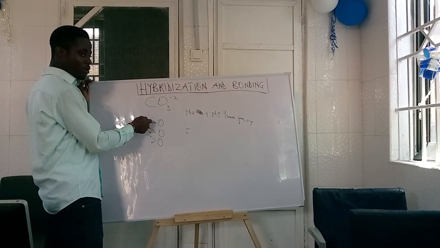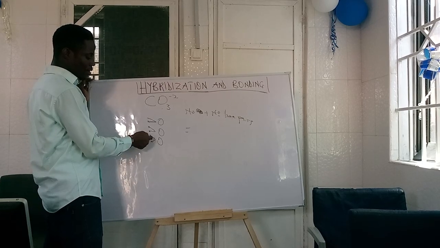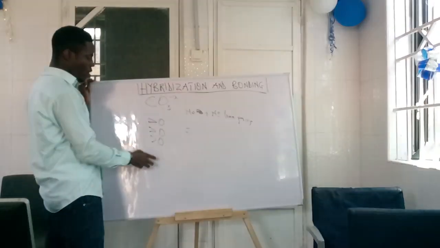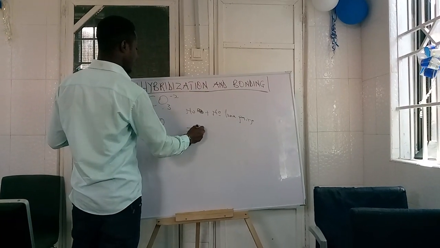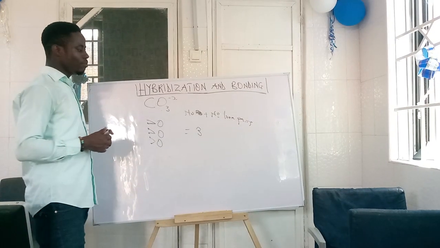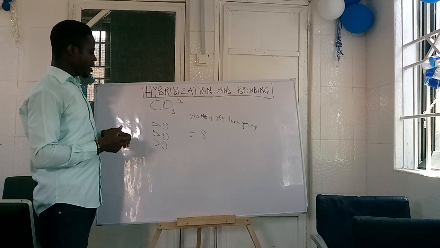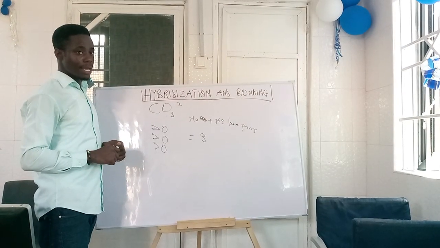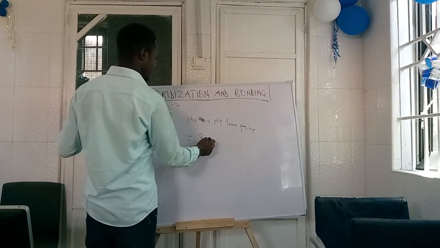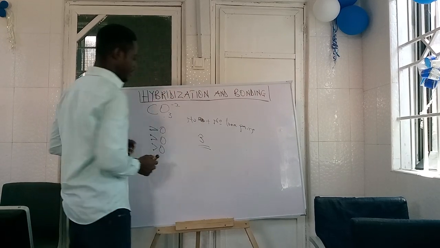So we have 1 sigma bond here, 1 sigma bond here, another sigma bond here. So in all, we have 3 sigma bonds. Then do we have any lone pair? No, we don't have a lone pair. So 0 lone pair. So the answer here is 3.